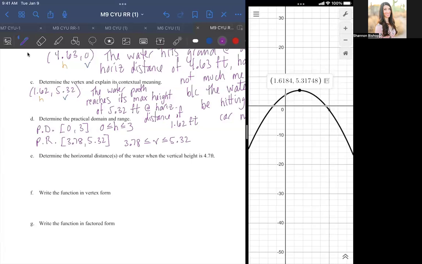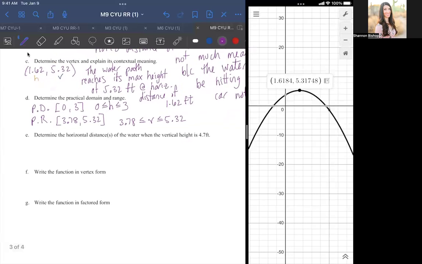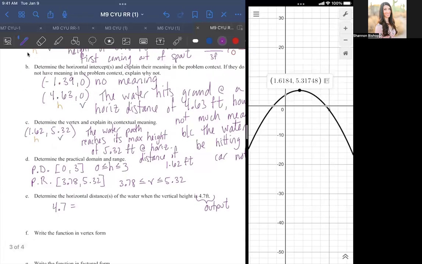Okay, part E, determine the horizontal distances, potentially plural, of when the water reaches a vertical height of 4.7. Okay, so vertical height 4.7, this is an output value. So when you're setting this up, you want the 4.7 to be on the outside of your quadratic model. So what was my quadratic model again?